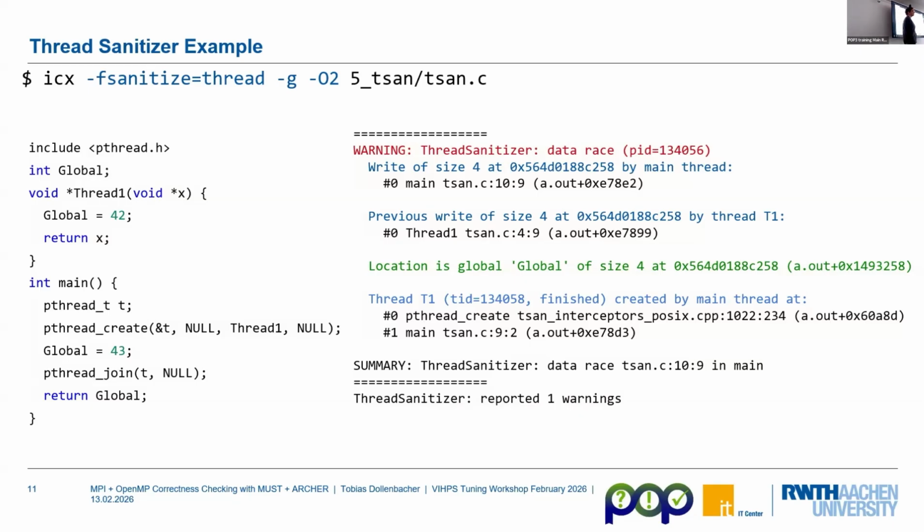And down here, you always want to look first for the summary. It tells you on which line the data race happened, which is on line 10, which should be this one. So you can see what those different outputs mean. For a large program, you might get a lot of output here.